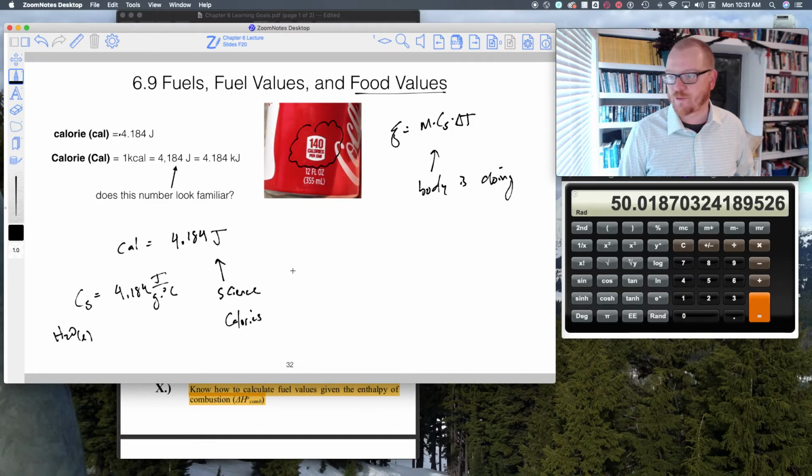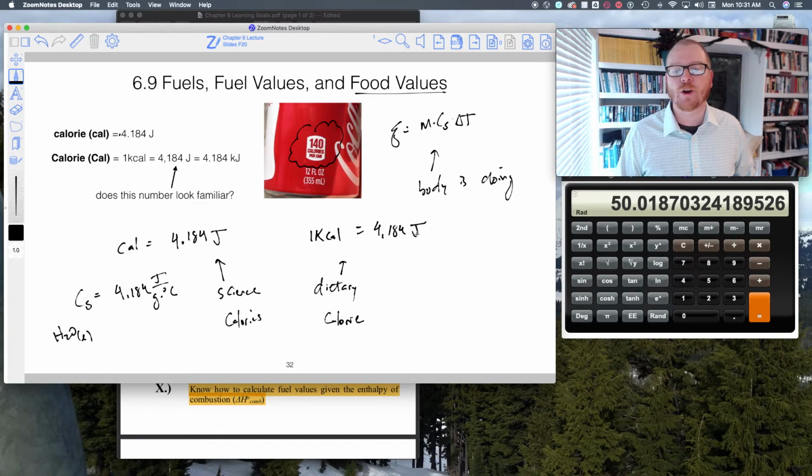So just 4.184 joules. A dietary calorie is actually a kilocalorie. Okay? I can't spell and talk at the same time. Yes, so that means one dietary calorie is actually equal to 1 kcal, which is 4,184 joules, or 4.184 kilojoules.